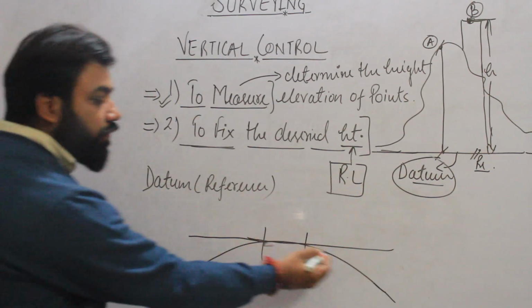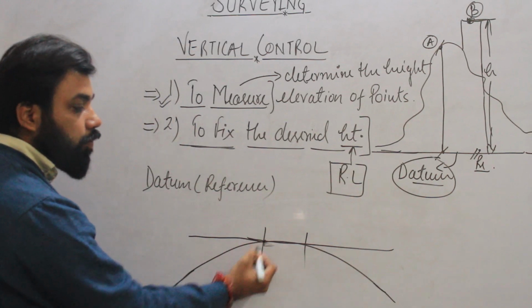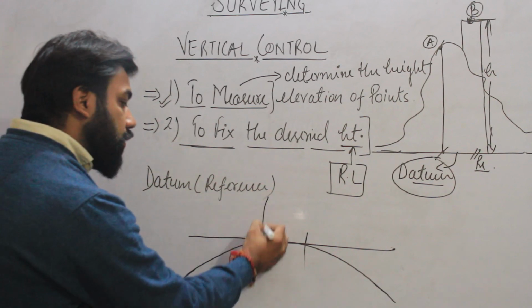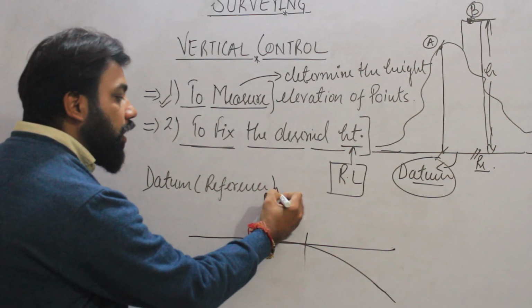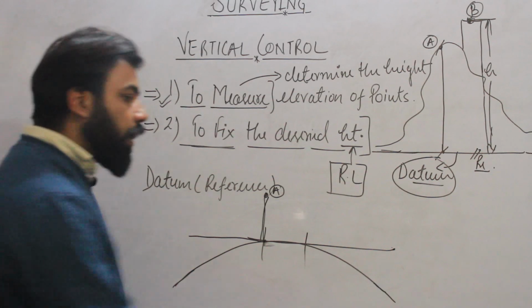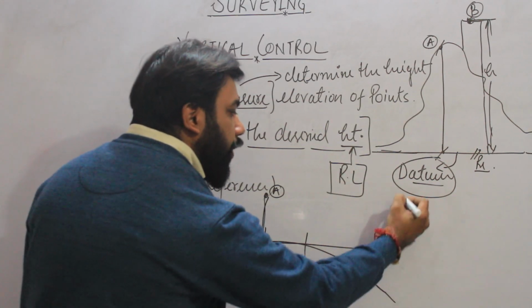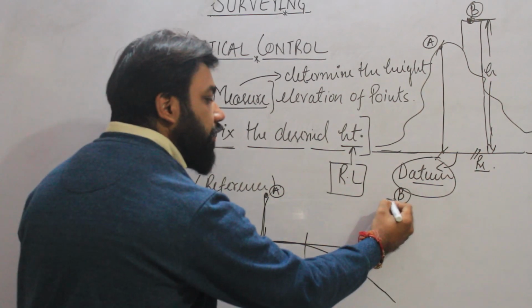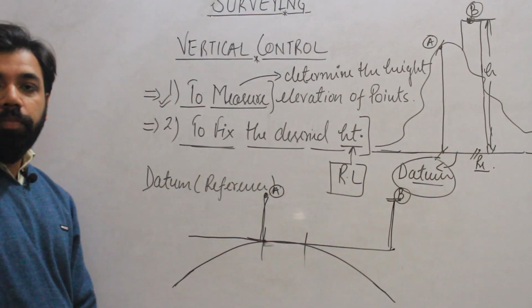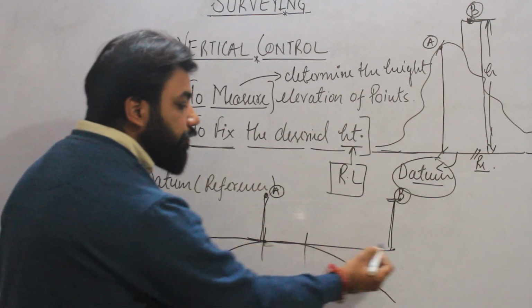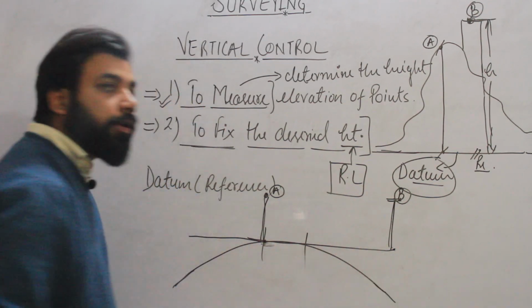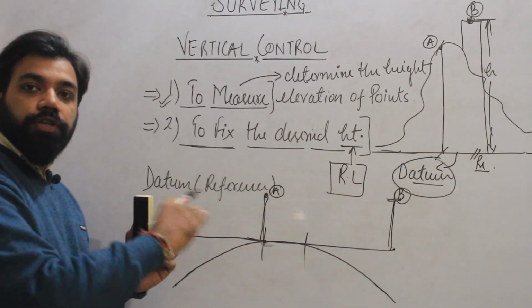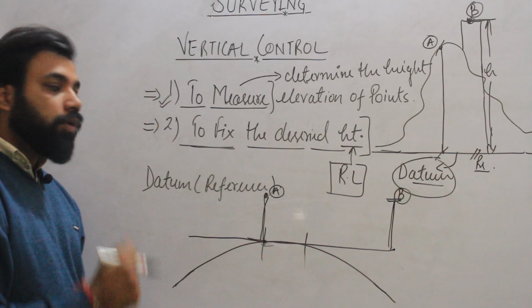Suppose this is the curvature of the earth and you are starting from this point and moving to this point. Suppose here you have to take elevation of this point A and this is another point B. You also have to measure the elevation or height of this point B. So you cannot take the reference or datum on a straight line because as the distance increases, the curvature of earth plays a role.